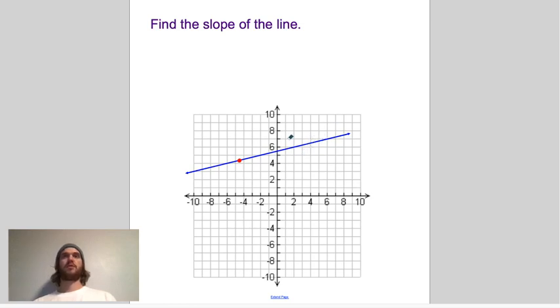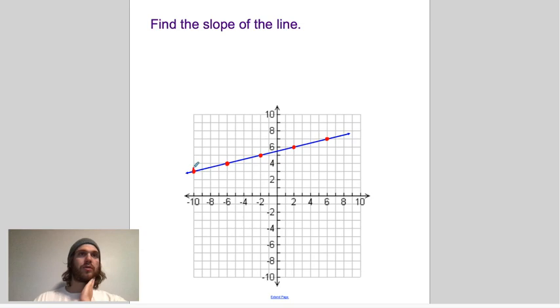So you have to do some reading, and then you'll end up with some decimals. It's going to be a little bit ugly. So instead, let's see if we can find points that we know it travels through. Looks like it travels through this point, this point, this point, this point, and this point. That's a lot of points, and you can pick any 2 of those that you want. It actually doesn't matter. So I'll show you.